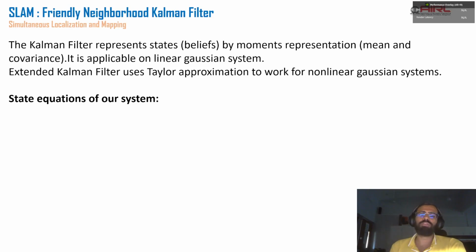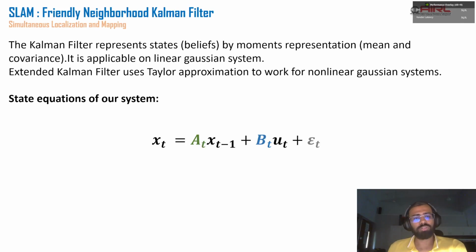Before we look at what the Kalman filter is and things around it, let's first understand the state space equations of our system. So this is our xt. Here, xt minus 1 is the current state of my body, the ego, and I'm predicting the next step, which is xt.